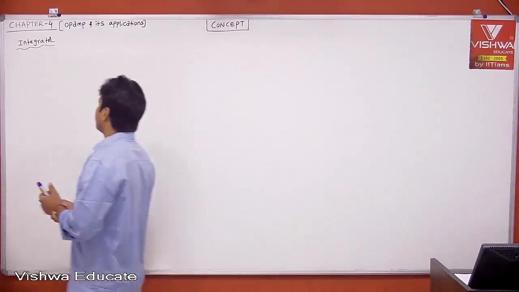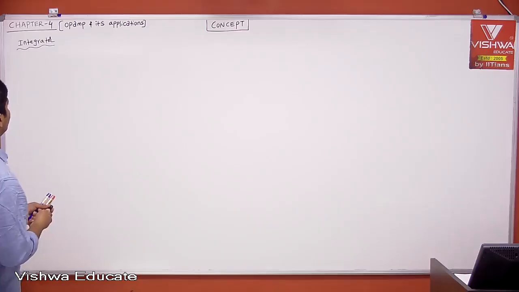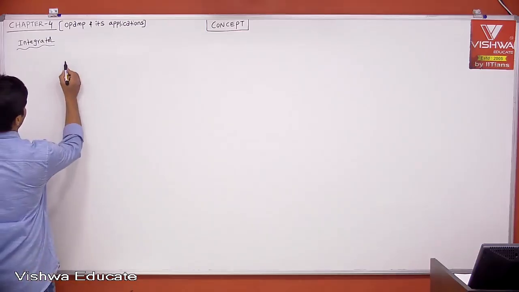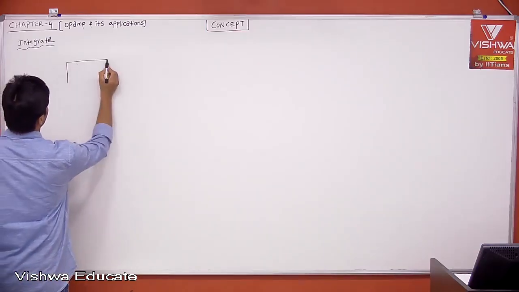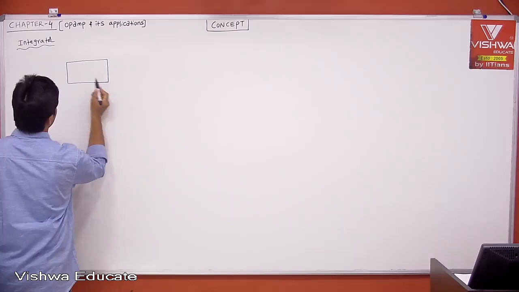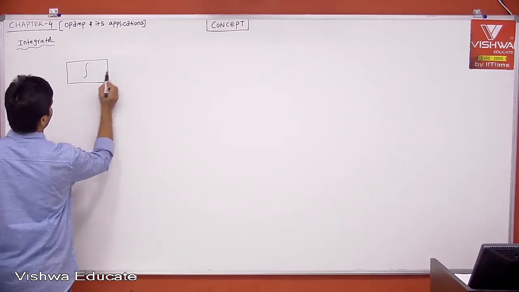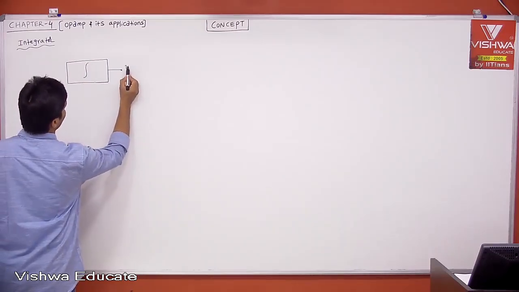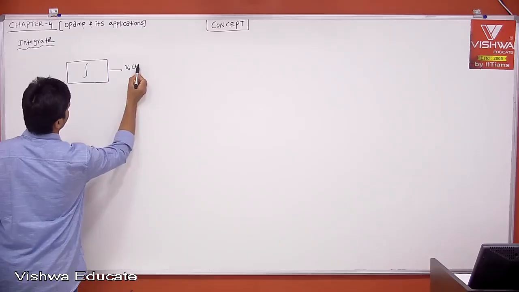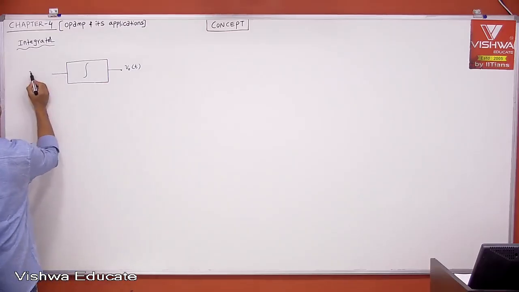Now, let's see the integrator requirement. This is my integrator, a black box for me, which I'm just representing with a symbol, and let me say this is V naught of t and this is VI of t.